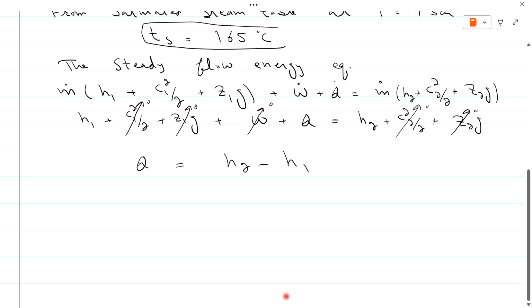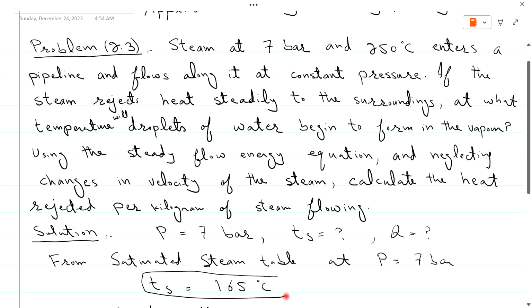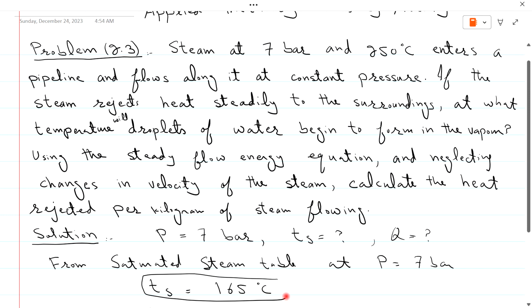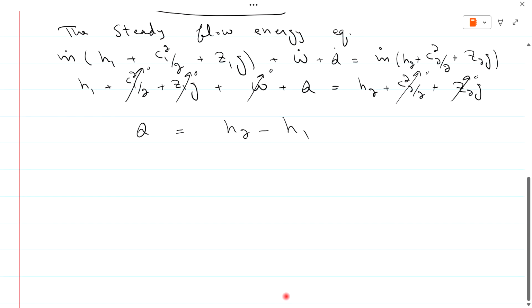From the superheated steam table, because the data given is steam at 7 bar and 250 degrees centigrade, so h1 is in the superheated region.